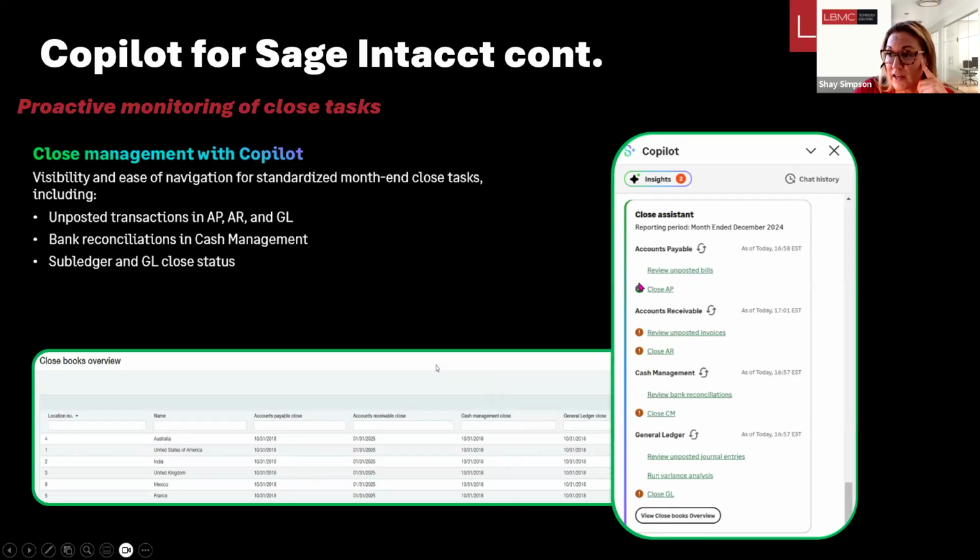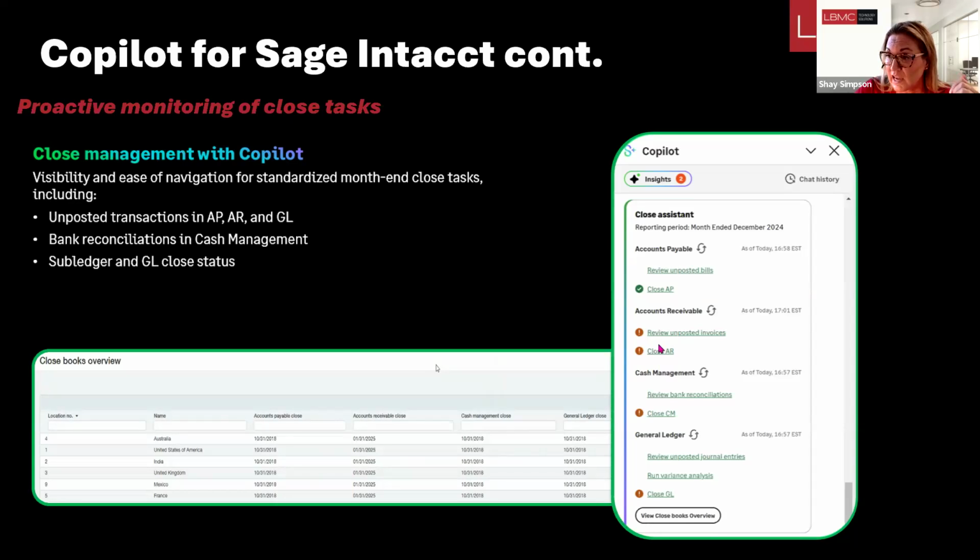But I may want to cut off my AP subledger as of the 3rd. I don't want anything else to post to April for AP; I want it to post to May, so I close down my AP subledger. Same thing with AR. I may leave AR open only until the 3rd. I'm not done closing the books, but I close down that AR subledger so nothing else posts to the month and goes into the next period.